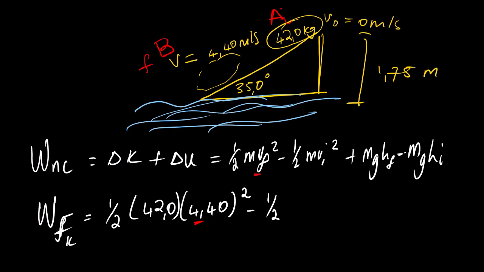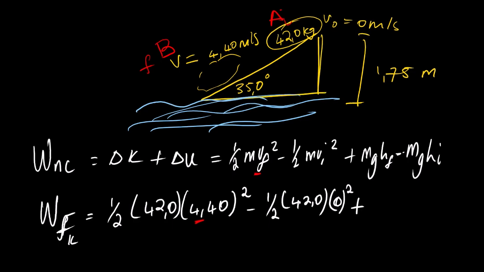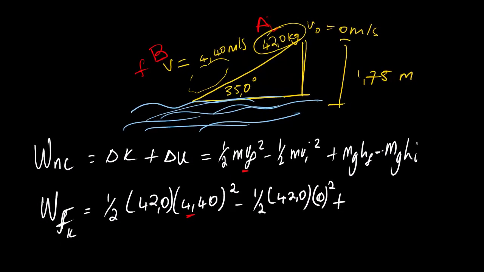And now I'm focusing on position A, where the mass is still 42.0, the initial velocity is 0 meters per second, plus we look at the potential energy of the seal at position B. What is the height at position B? The height is 0, and we still have the mass as 42.0.